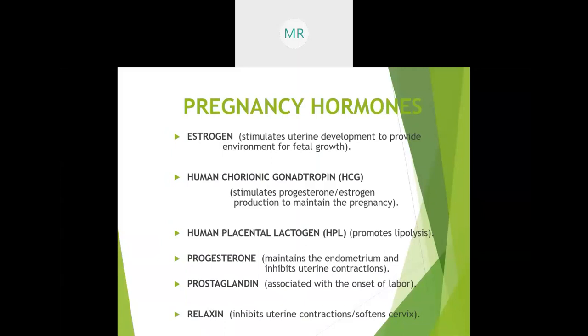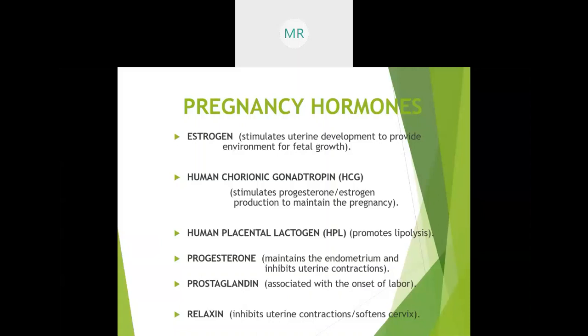We can talk about pregnancy hormones. So estrogen is our first hormone, and you'll hear me say that a lot. Estrogen stimulates uterine development to provide an environment for fetal growth. It also prepares the breast for lactation.